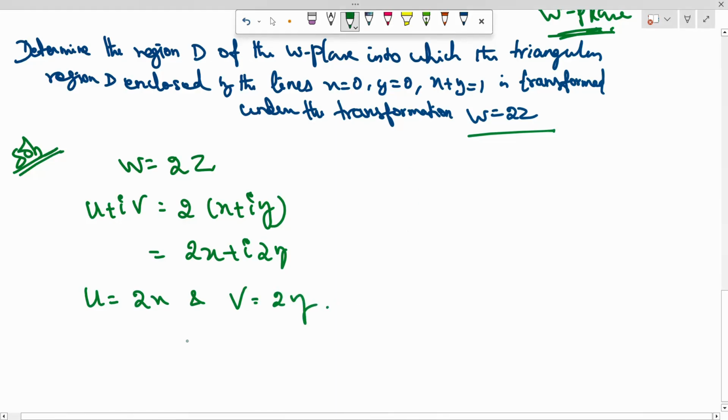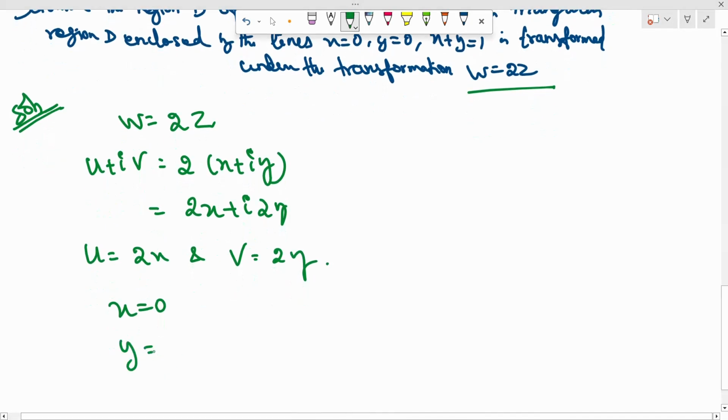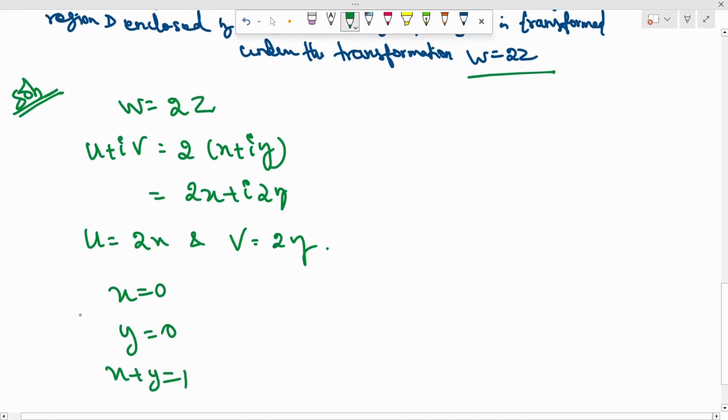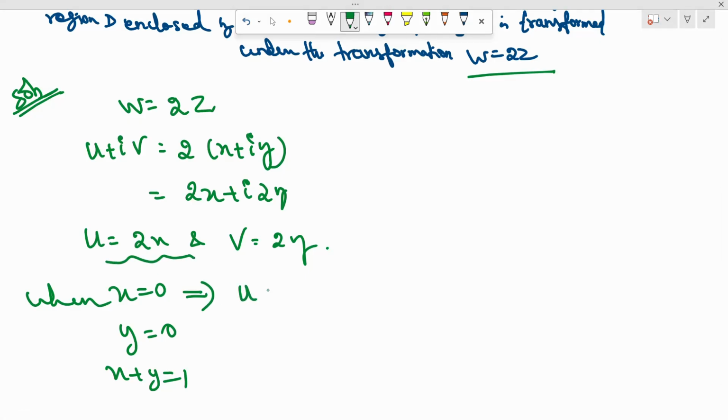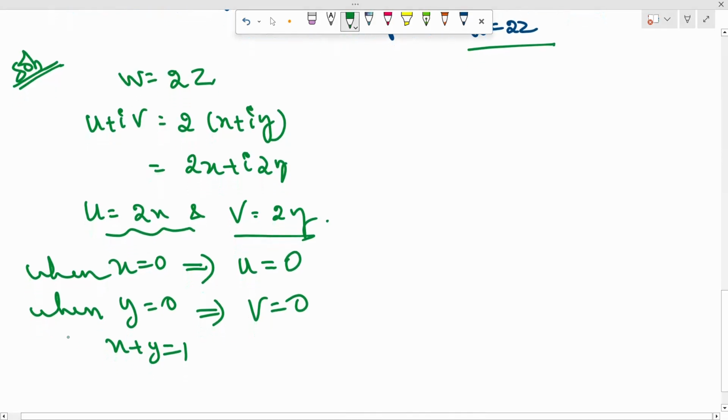Okay. Our given z-plane values are here: x = 0, y = 0 and x + y = 1. When x = 0, substitute here x = 0 in u, we are getting u = 0. When y = 0, we will get v = 0. For x + y = 1, substitute the value of x and the value of y.